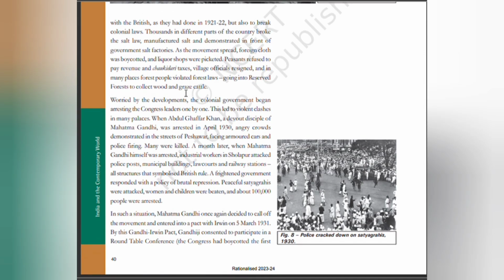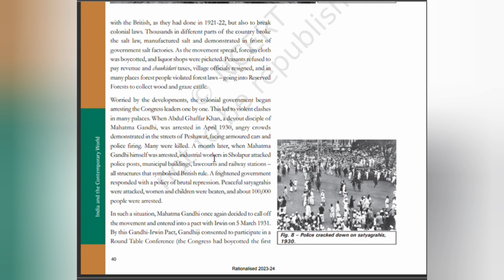Worried by these developments, the colonial government began arresting the Congress leaders one by one. This led to violent clashes in many places. When Abdul Ghaffar Khan, a devout disciple of Mahatma Gandhi, was arrested in April 1930, angry crowds demonstrated in the streets of Peshawar, facing armored cars and police firing.